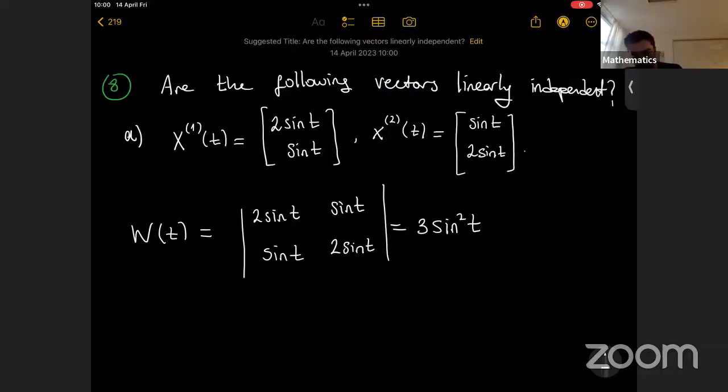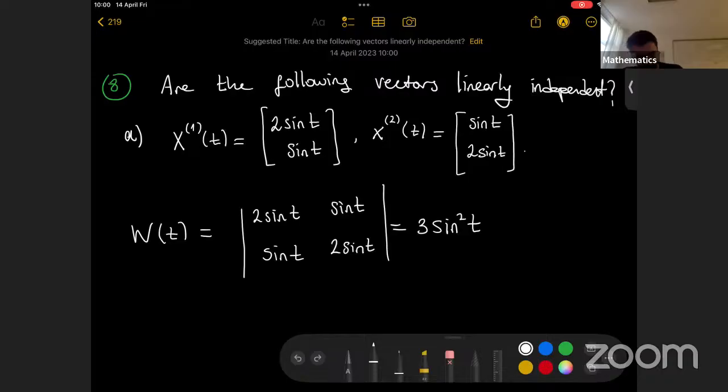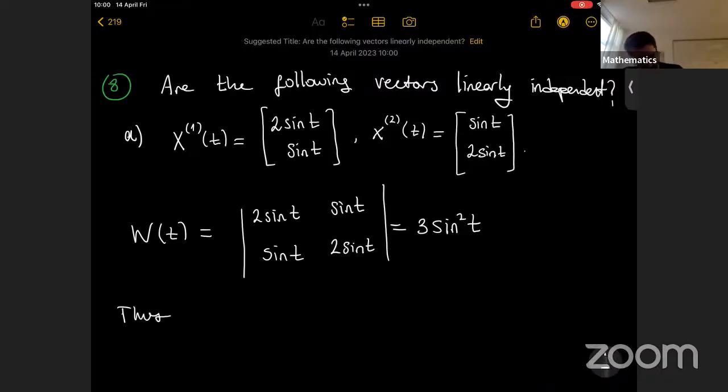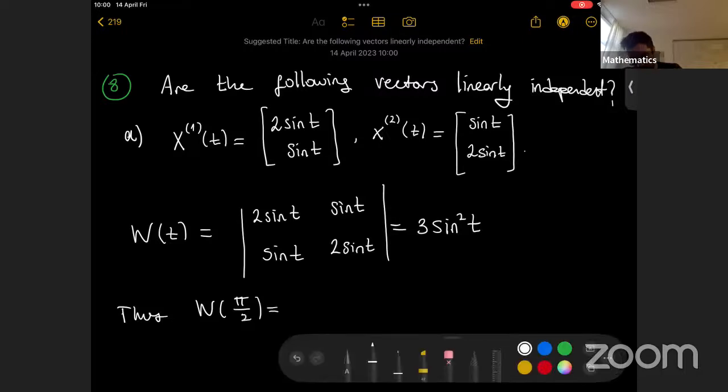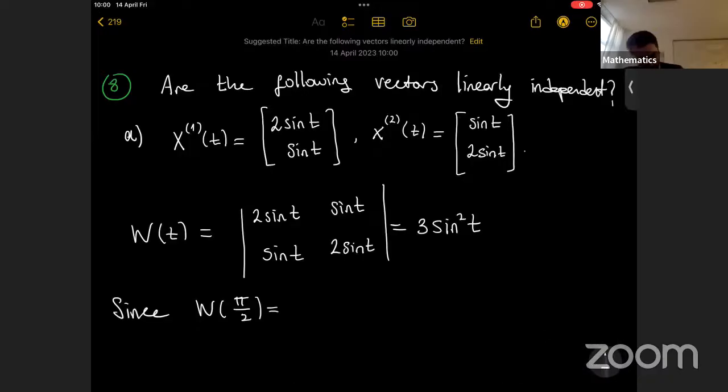And here, this is not zero. Okay, let's see here. Thus, for instance, at pi over 2, if the Wronskian is non-zero at one point, since this is 3 times 1, which is non-zero, right?